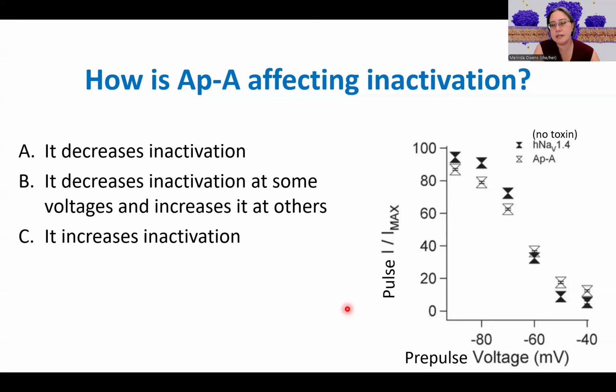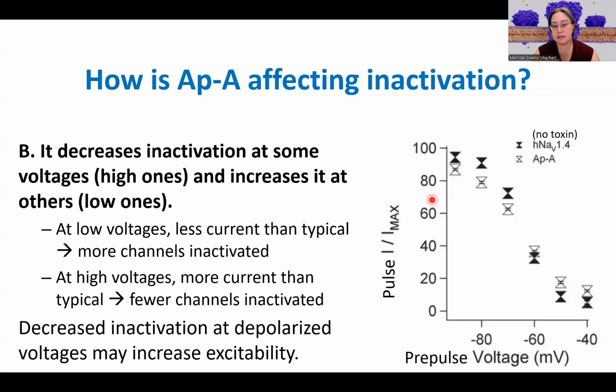Okay, one thing, it doesn't seem to be having a huge effect, but if you look, it seems to be having a mixed effect. So at these low voltages, like at -90, there is less current with the toxin than without the toxin, than normal. What does that mean? If there's less current, that means more of the channels would have been inactivated.